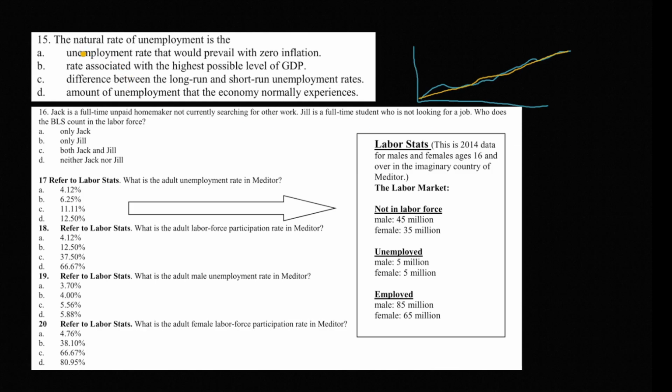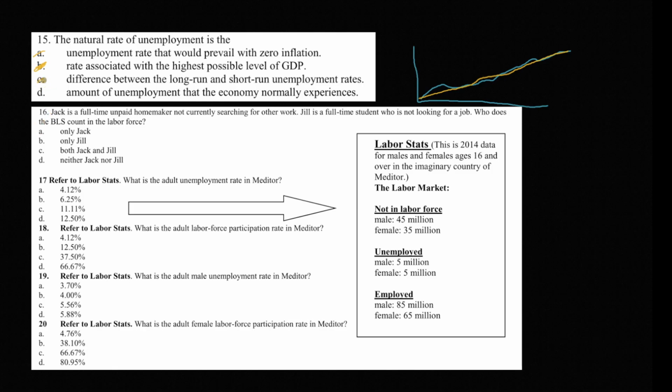So let's see how this is. That would prevail with zero inflation? No. That is just not true. Highest possible level of GDP? Also no, because that is all other things equal, that doesn't mean we have a natural rate of unemployment. Long run and short run unemployment?